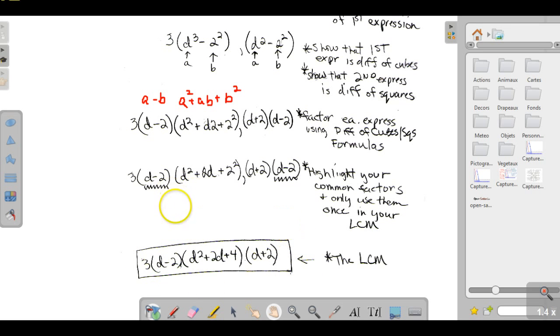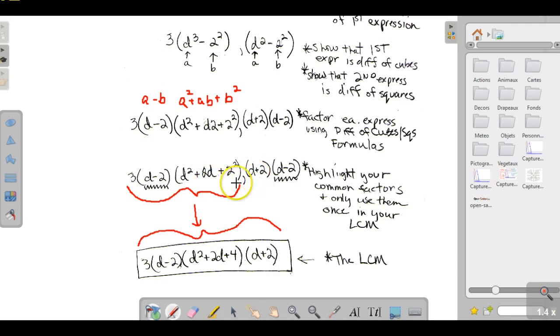And so you can see, now that they're all factors, that yes, in fact, this entire set of factors will go into our least common multiple. The 3 will go into that. The d minus 2 will go into that once. This will go into that once.